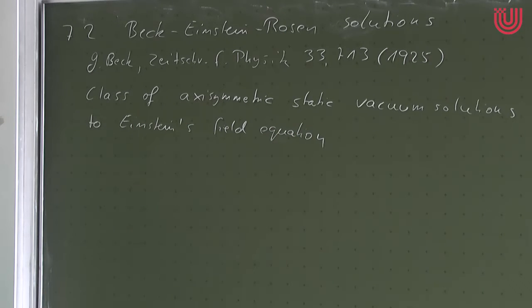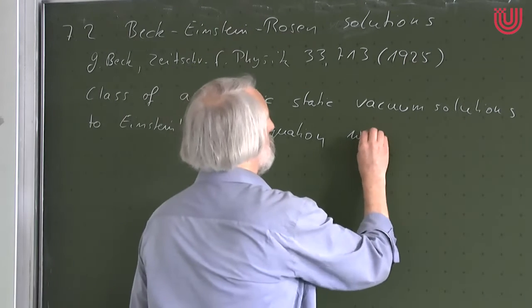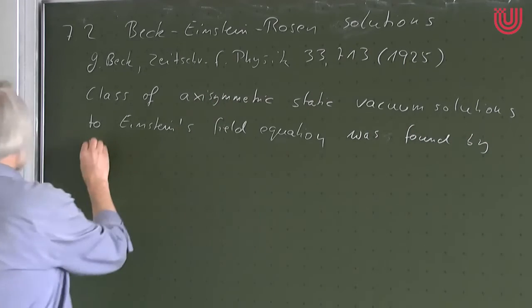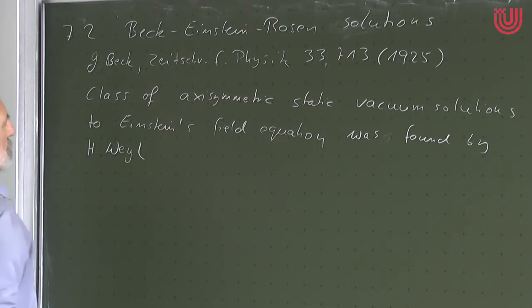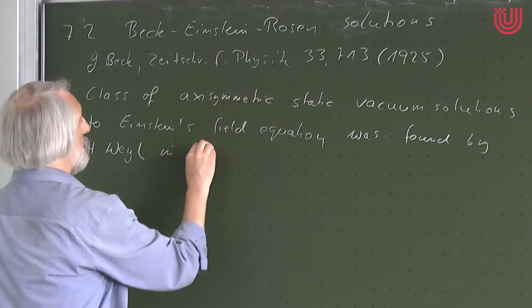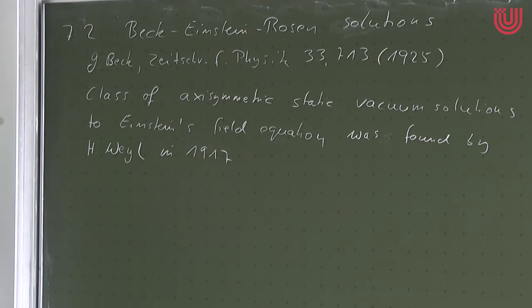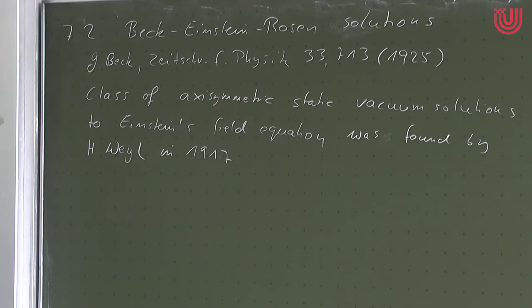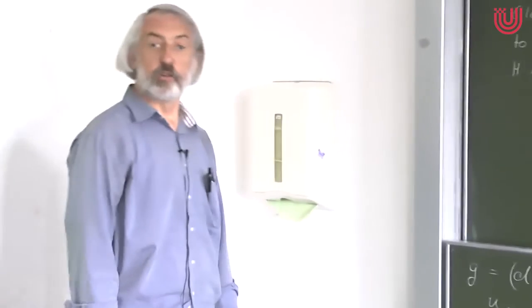This general class of solutions, the general equations which govern this class, was found by Hermann Weyl already in 1917, famous German mathematician who made very important early contributions to general relativity. And what Beck did was he just took this class of solutions and changed the character of the coordinates, so that instead of axisymmetric and static solutions, he got cylindrically symmetric but non-static solutions.